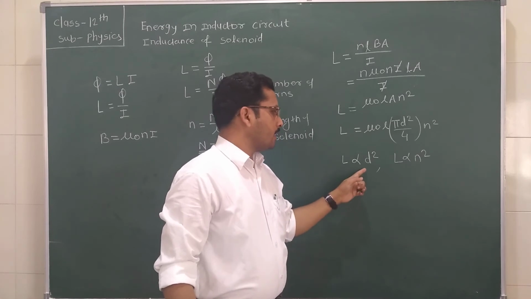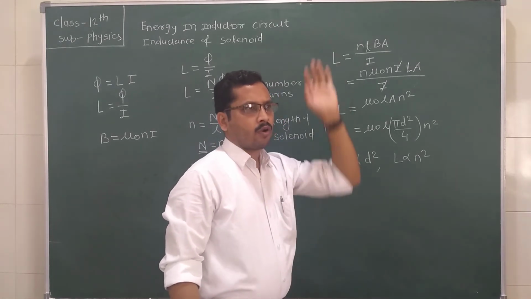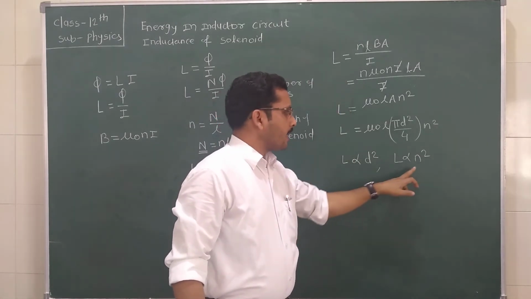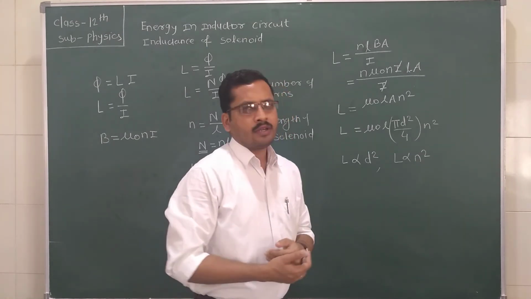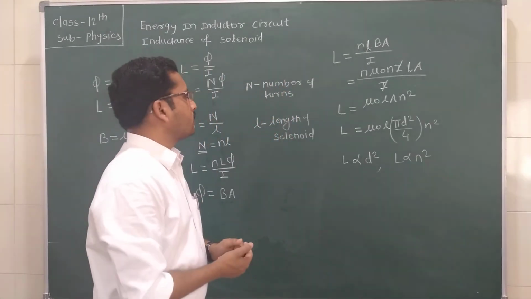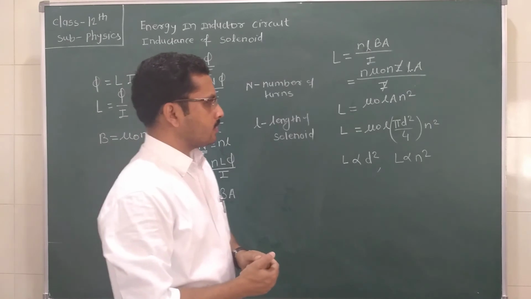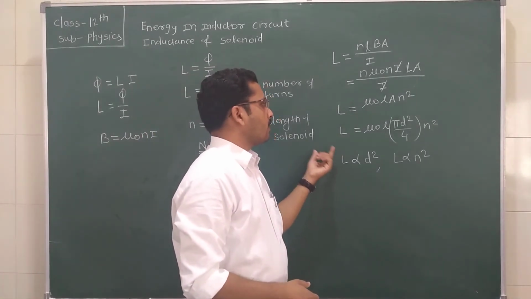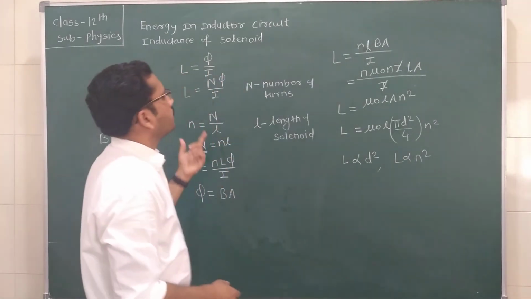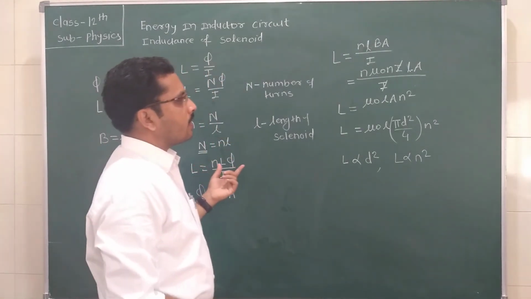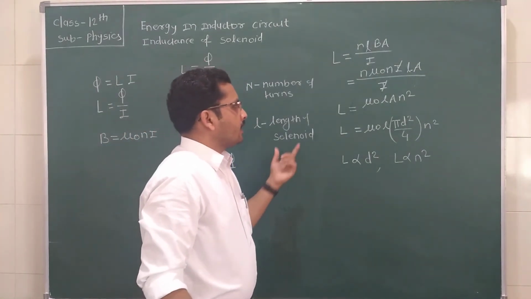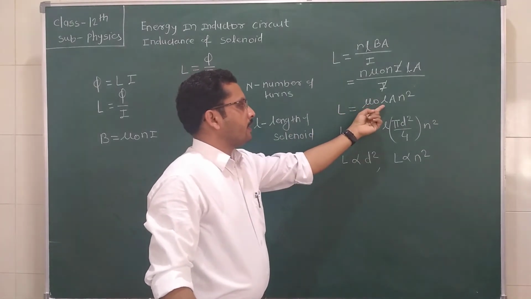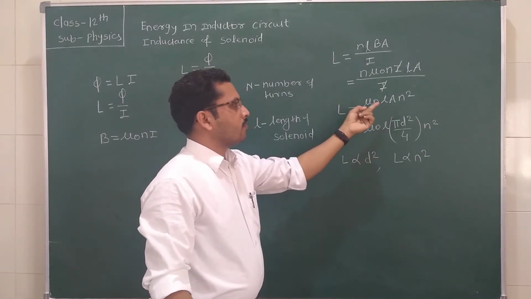As the diameter increases, the inductance of the coil also increases, and it also depends on the number of turns per unit length, that is n square. So in this way we find an equation for the inductance of a solenoid through which a current is passed, having length l and area A.